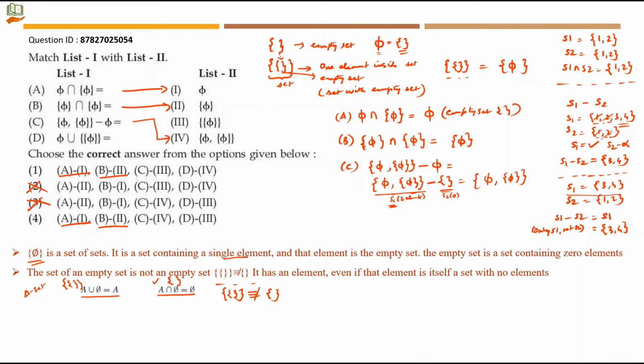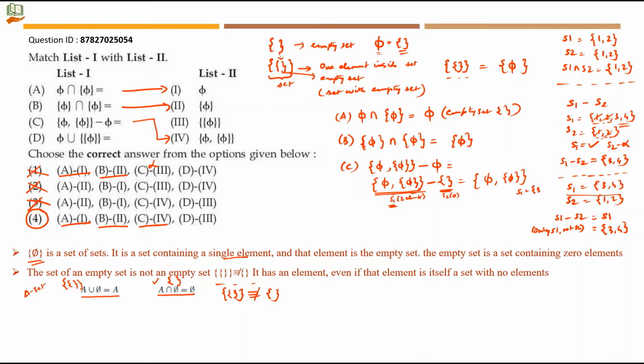C will be mapping to 4. Option number 4 has C4 and so we will rule out 1 also. Option number 4 will be the right answer. Why is C mapping to the fourth one here? It is because this first set has two elements and the second set has 0 elements. So consider the same case here.